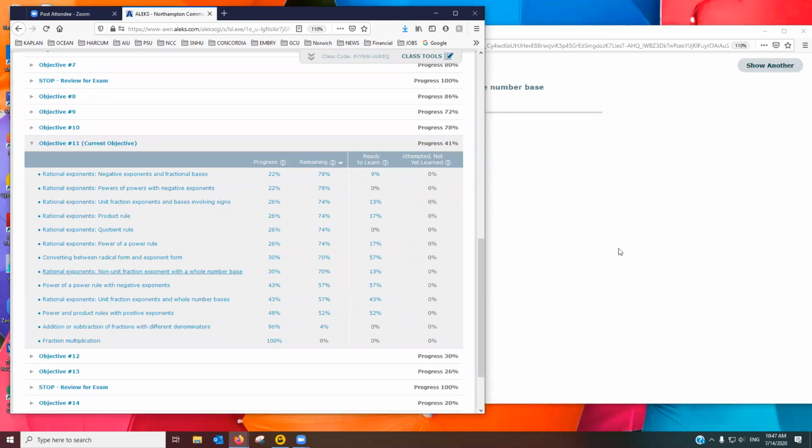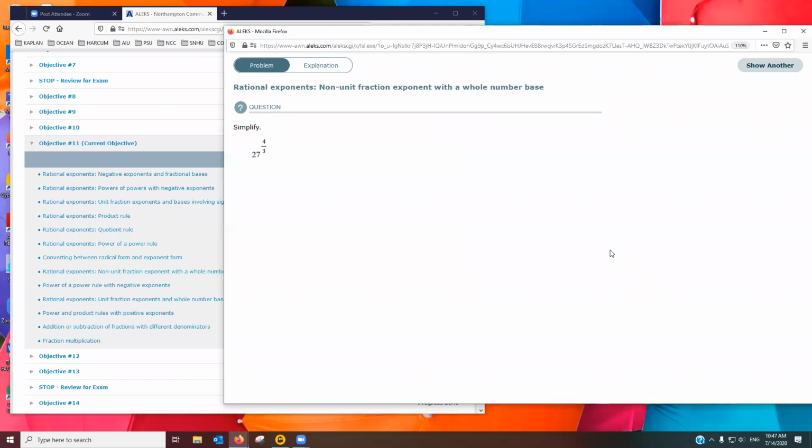Let's see. Yeah, let's do an example like this, because this one is a little trickier. It's showing me 27 to the exponent 4/3. And what they want me to do is simplify this or work this out to some numeric answer. Okay, so they're giving me 27 to the 4/3.